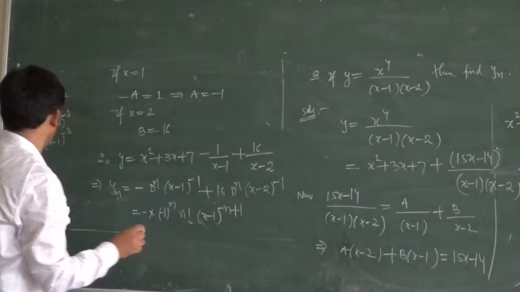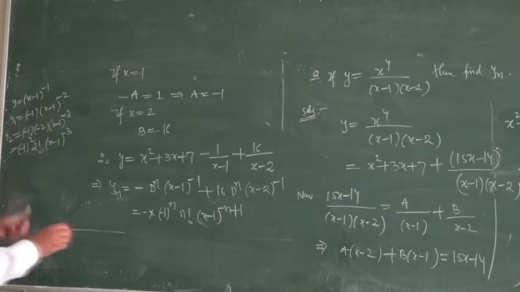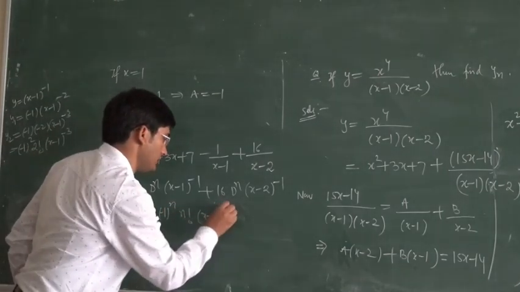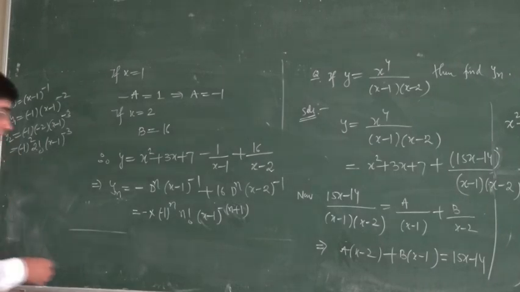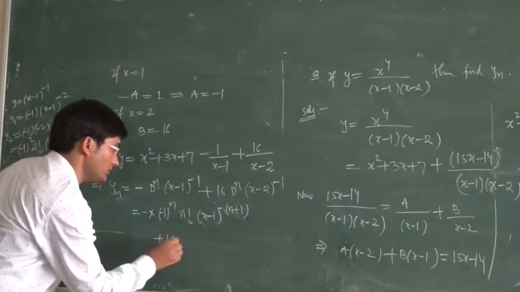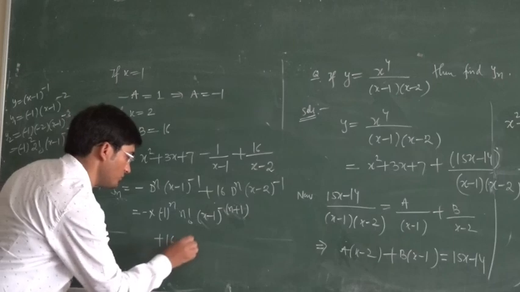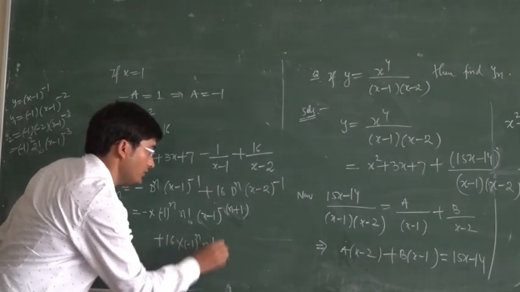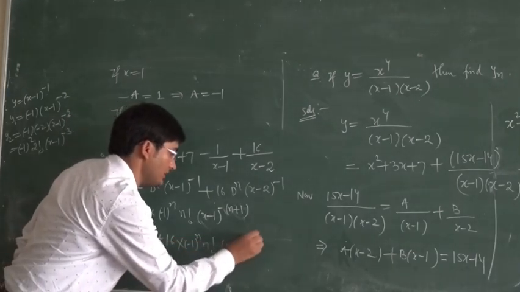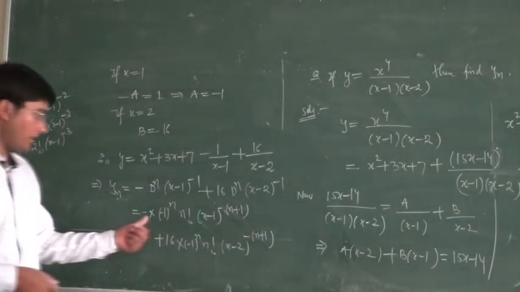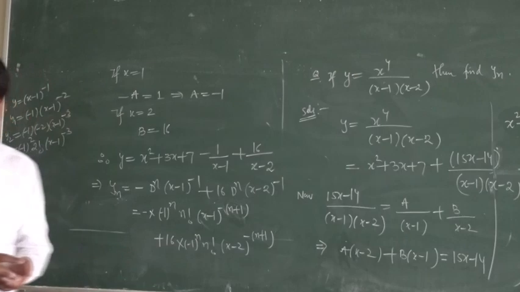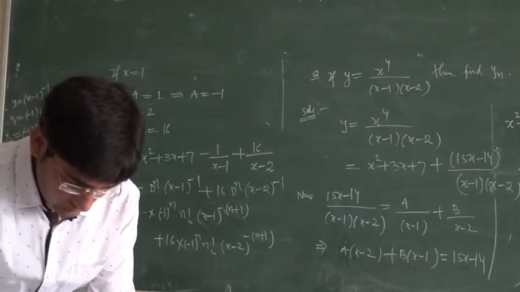And then we will have 16 into minus 1 power n into factorial n into x minus 2 power minus n plus 1. So this is our answer. We can take minus 1 power n into factorial n common, and the rest is in the bracket.